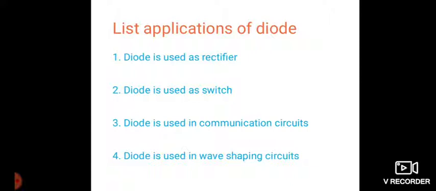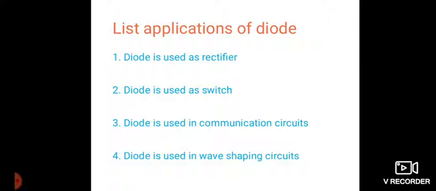So, what are the different applications of the diode, where can the diode be used? The main application of the diode is in rectifiers. That is, the diode is used as a rectifier. So, what is a rectifier? The rectifier is a circuit which converts an AC signal into a DC signal.